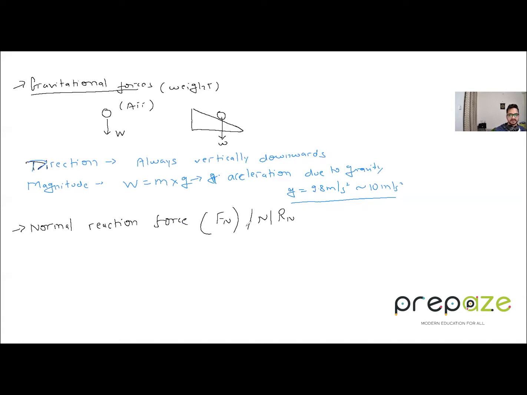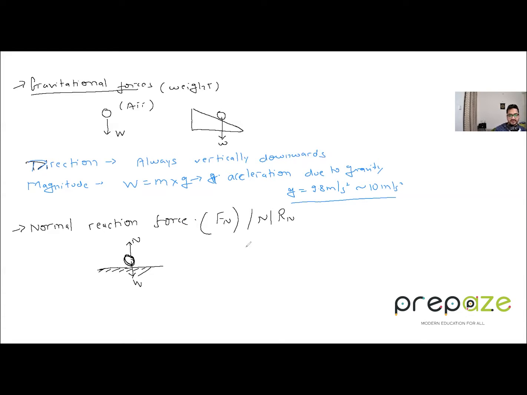These are the different forms in which it can be represented. So what is it exactly? Suppose I have a ball kept on level ground. The weight is W downwards, and there is a normal reaction force upwards. This is defined as the normal reaction force.